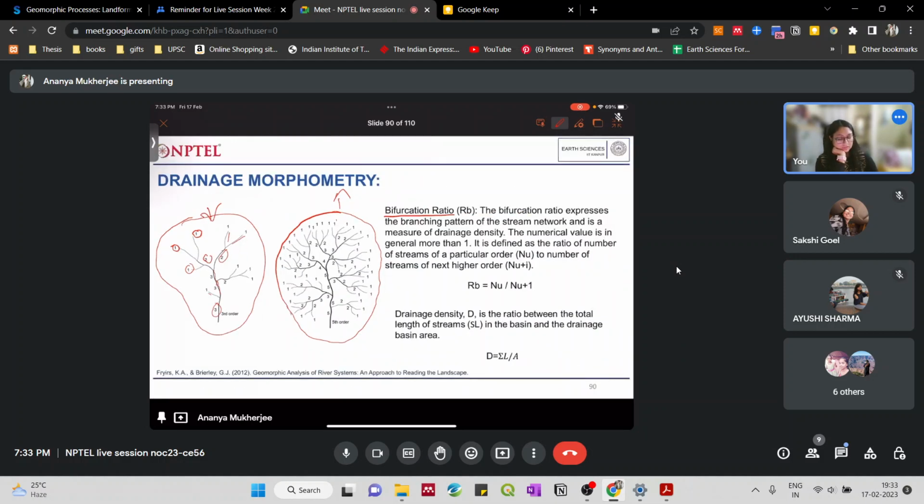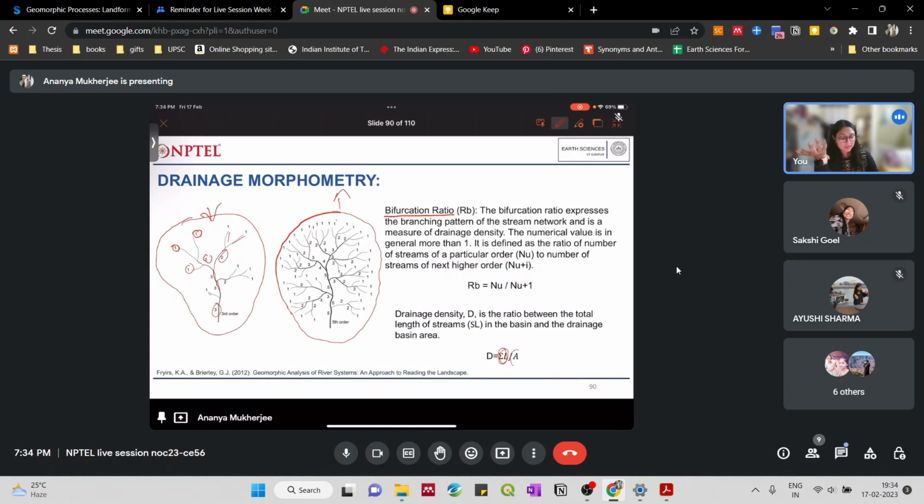Over here you can see that drainage density is a ratio between the total length of the different order streams and the drainage basin area. If you have more different order streams, obviously the total length of all the streams is going to increase.